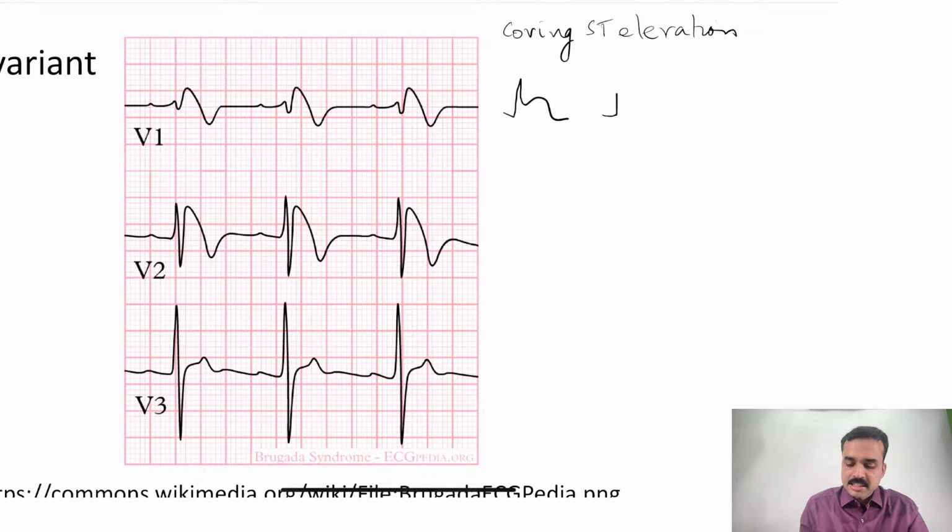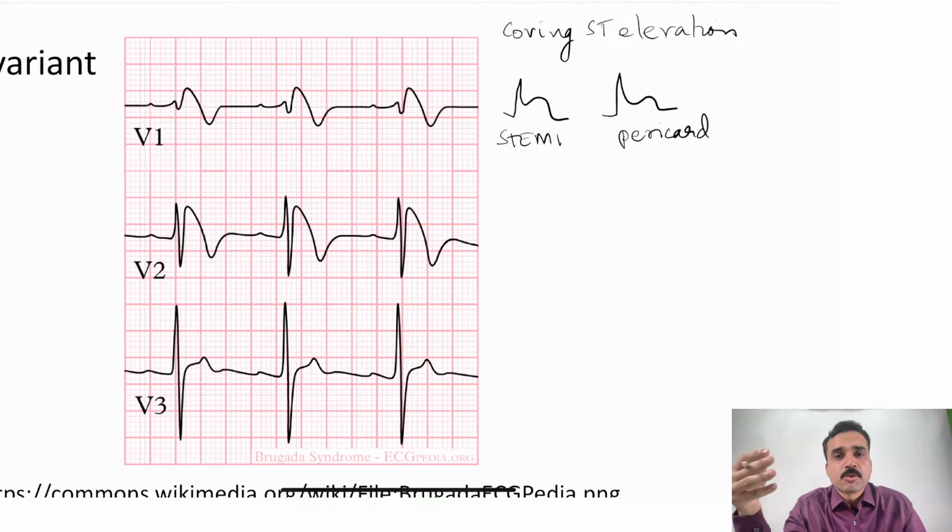In pericarditis, you expect a concavity upwards, and there'll be a little bit of PR depression also. PR depression along with concavity upward ST elevation points more towards pericarditis, right? Whereas in STEMI, you expect an ST elevation with a convexity upwards, but not so convex. This is quite hyperconvex, okay?